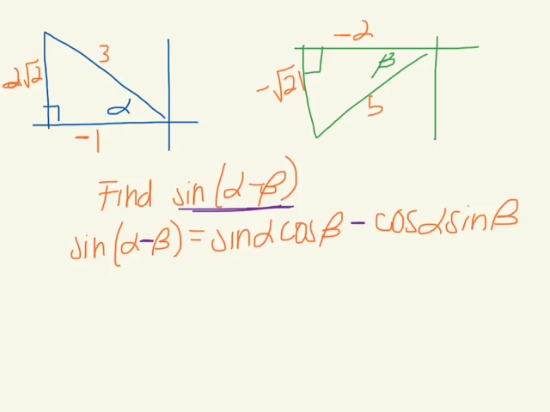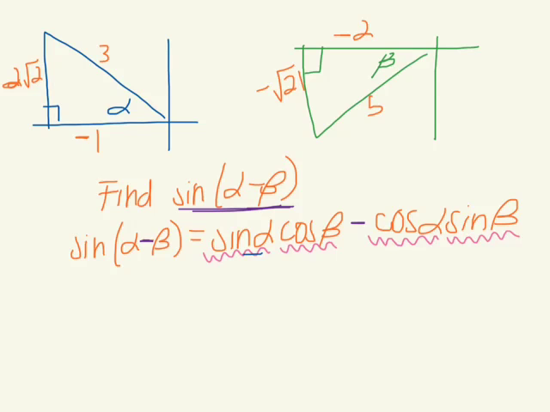Now just like we did with the sum and difference formulas with the unit circle values, where we had sine of pi over 4 and cosine of pi over 3, each one of these trig expressions is going to get replaced with the ratio, but this time the ratio is going to come from us looking up at the right triangle that it corresponds to and filling in the appropriate ratio.